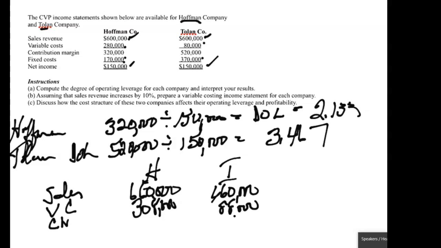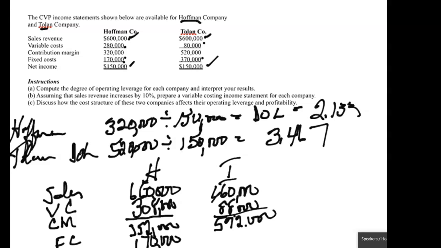So therefore, the contribution margin for Hoffman would be 352. For Tolan, it'll be 572. Now we subtract the fixed costs, 170 for Hoffman and 370 for Tolan.